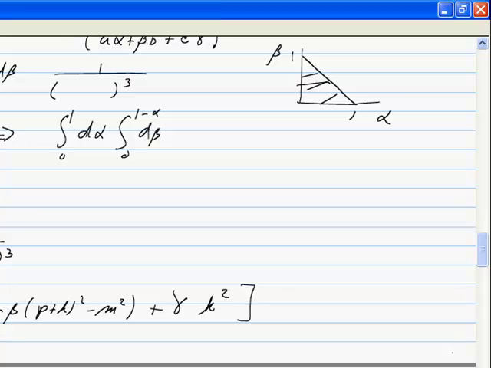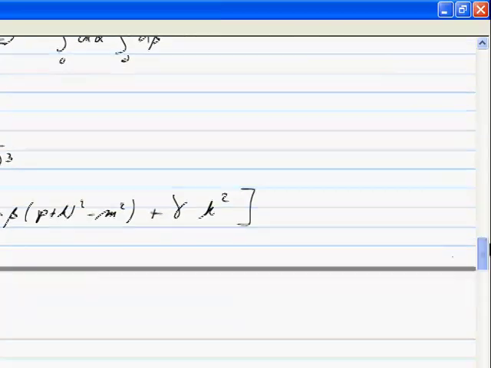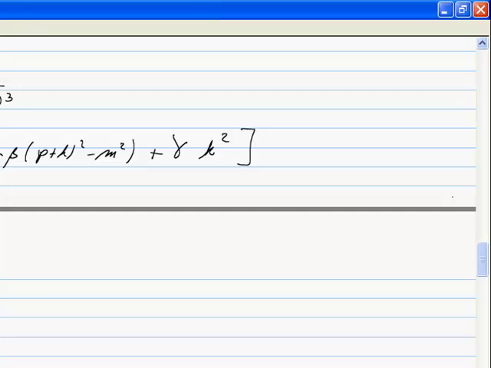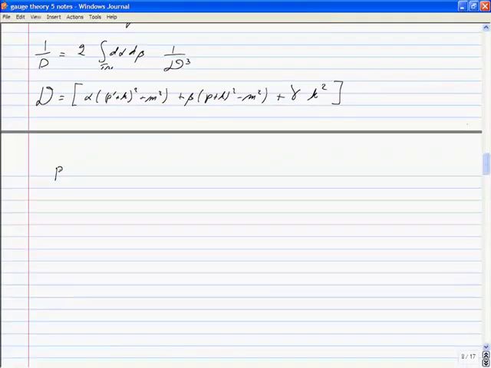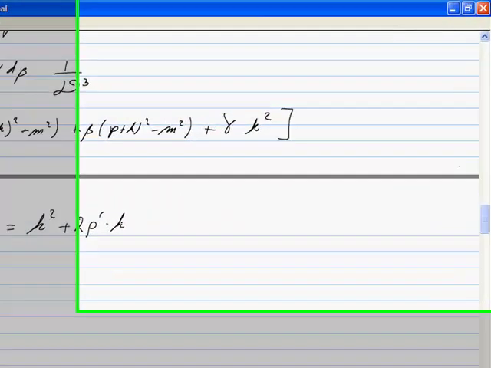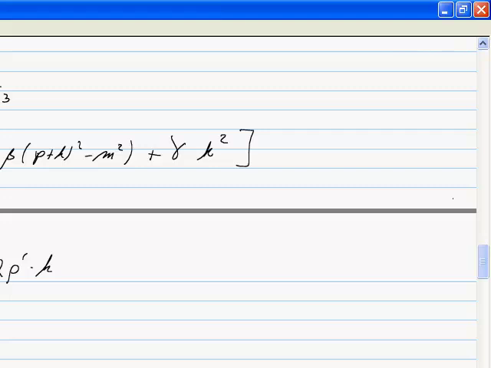Okay, that can be simplified. We'll use (P prime plus K) squared minus m squared is K squared plus 2P prime dot K, because P prime squared equals m squared.